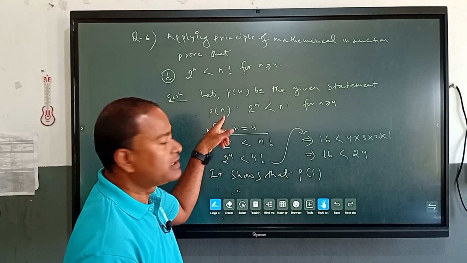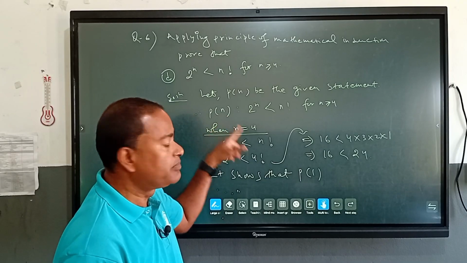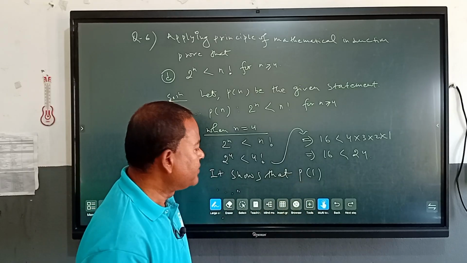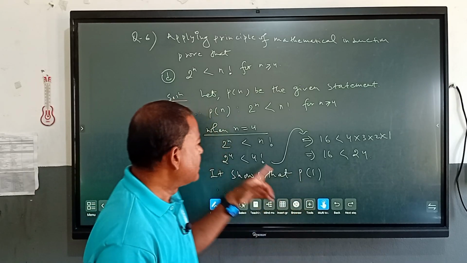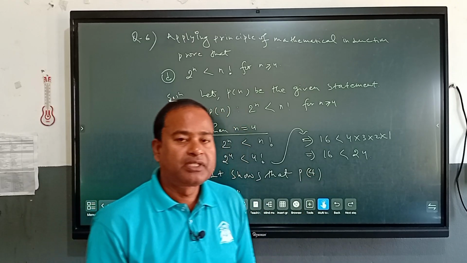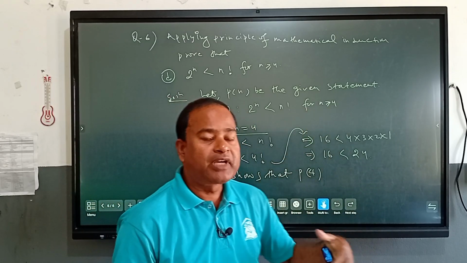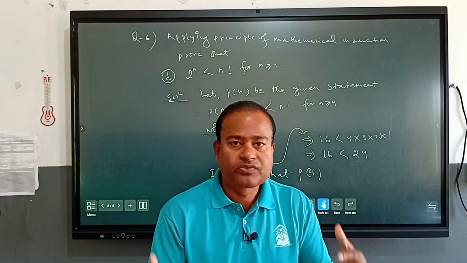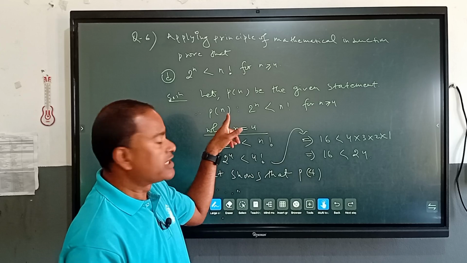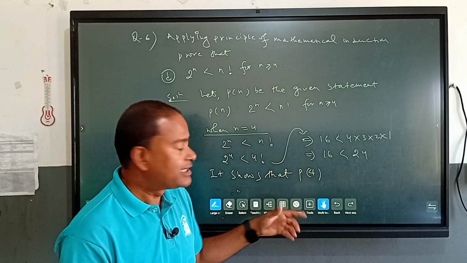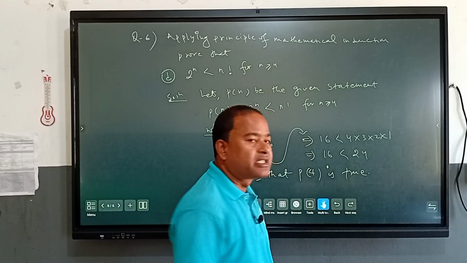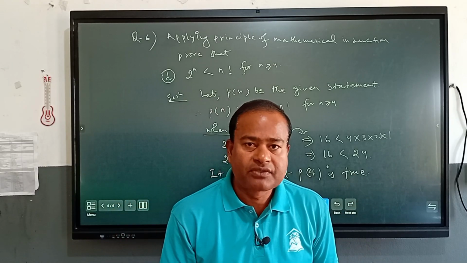If we put the value of n in our given statement, then it will be P of that value. The value of n we have taken is 4, so we have to say P4, not P1, because here the condition is for n greater than or equal to 4. We should not be confused. So if we take the value n equals 4, our statement will be P4. So we can write: it shows that P4 is true. That means the given statement is true for n equals 4.